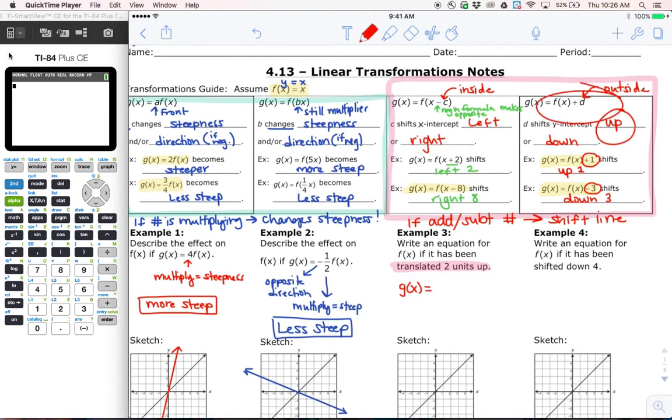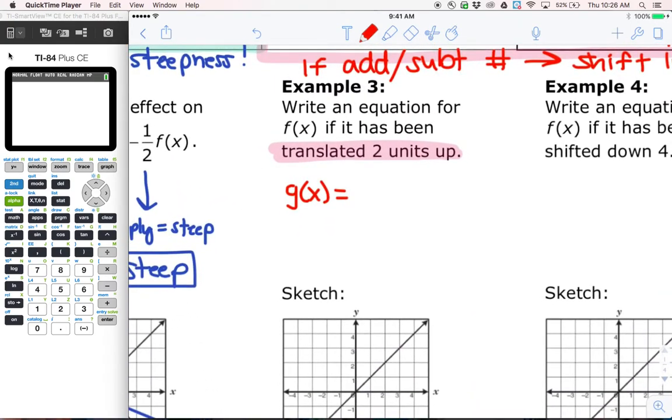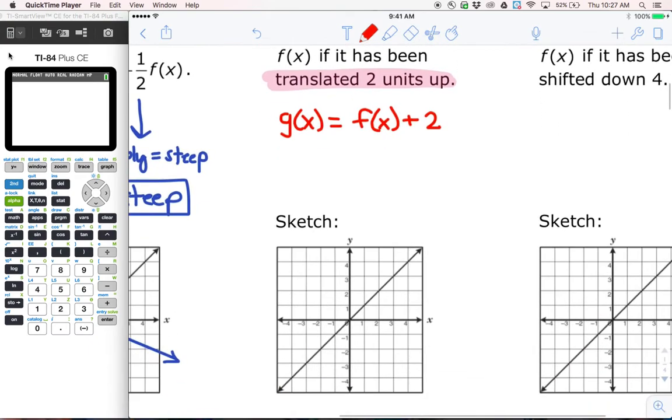I put it at the end. My new equation would be my old equation, f of x, plus 2. So 2 units up makes me go up plus 2. Here's my line, probably something like this. We just shifted it up. We didn't mess with the steepness at all.